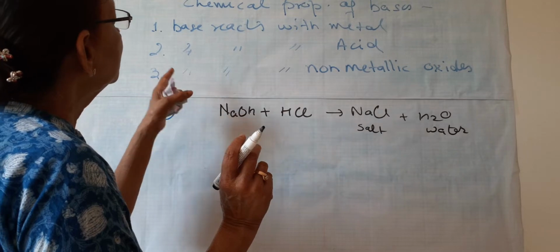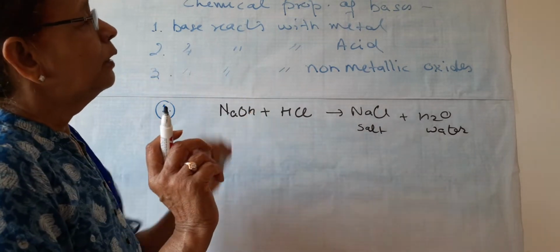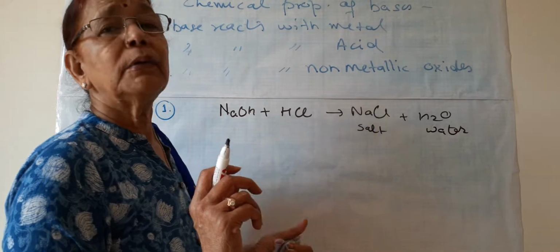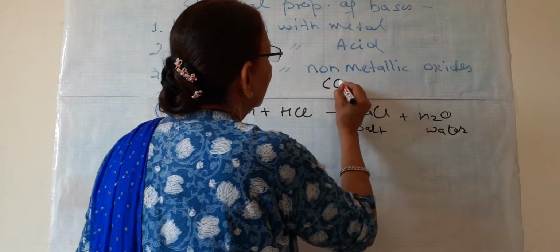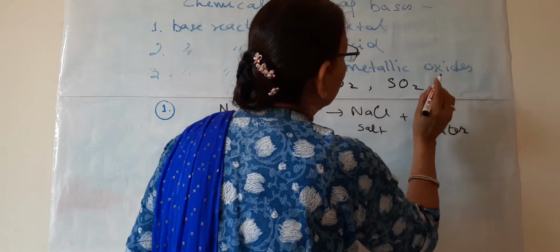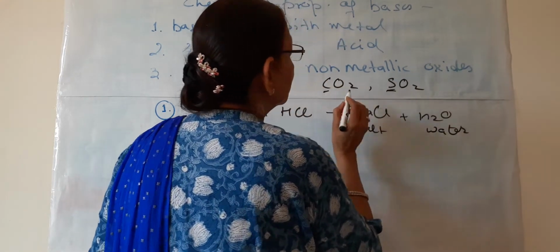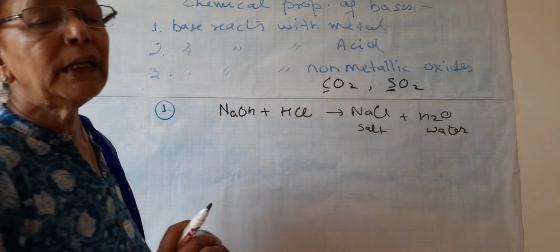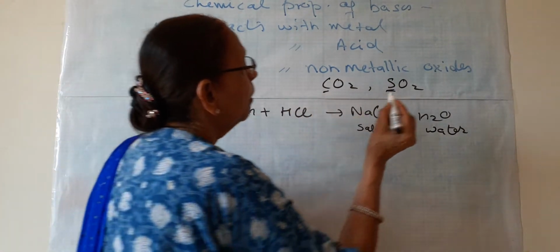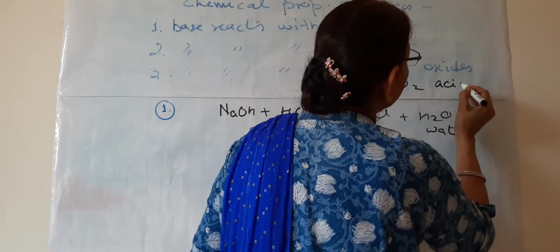Now the third is base reacts with non-metallic oxide. All of you know non-metallic oxides; the examples are carbon dioxide and sulfur dioxide. These are non-metals, so these are non-metallic oxides. Non-metallic oxides are always acidic in nature.